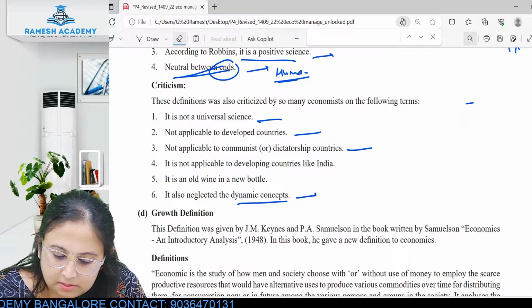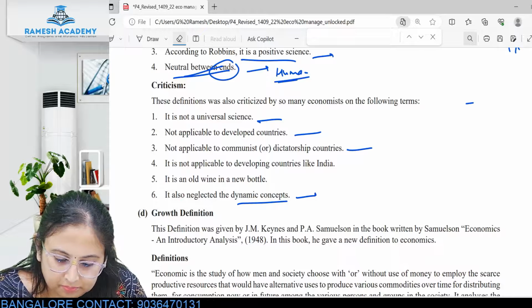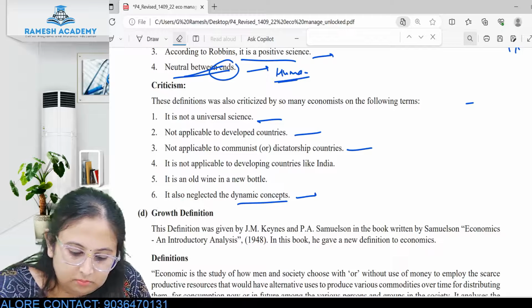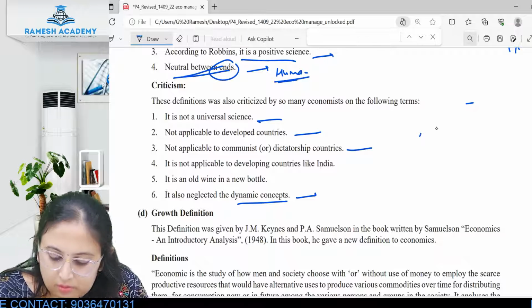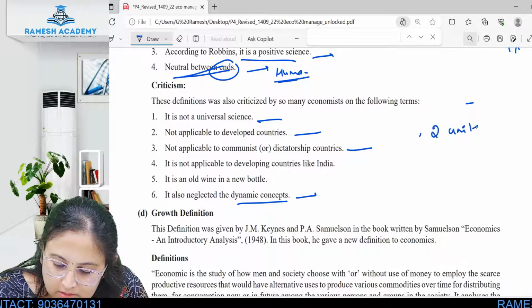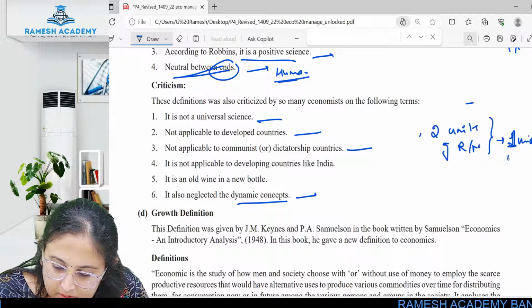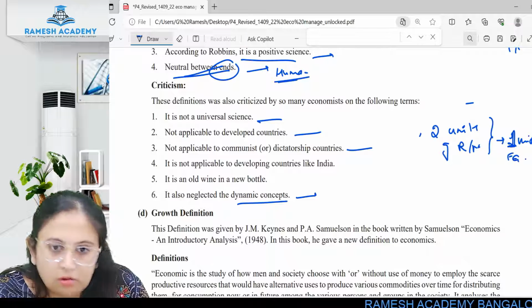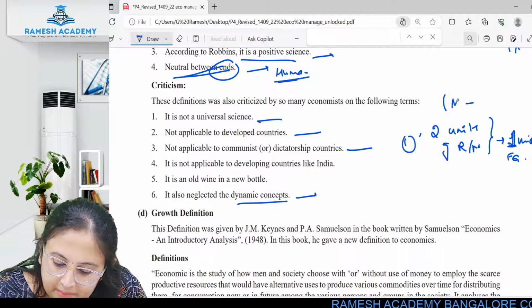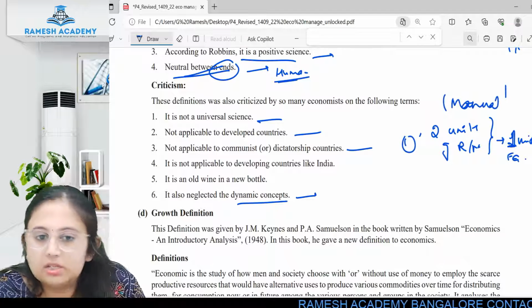See, dynamic concept, I will give you an example. Now by using 2 units of a raw material, we are producing 1 unit of finished good. This is completely manual, no machinery, nothing.